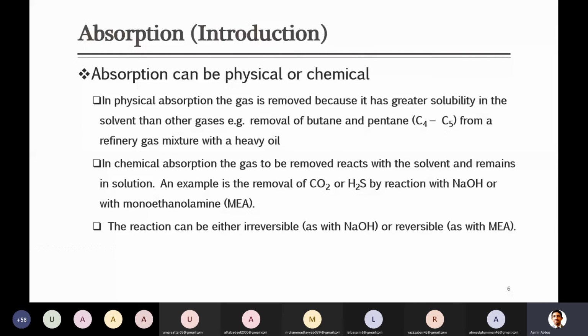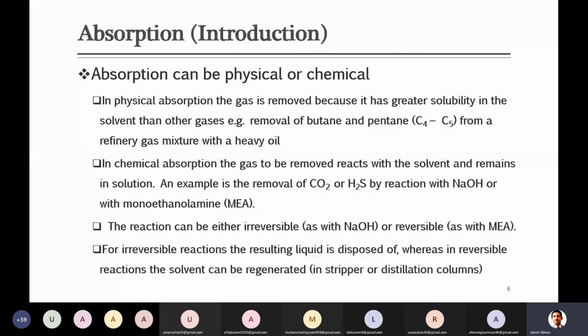We can reverse this process. Reversible is the preferred one, the reason being that we can regenerate the liquid and bring it back to the absorption column. While in case of irreversible, you cannot regenerate NaOH when it has reacted with either H2S or CO2. That makes a chemical that you cannot reverse the reaction.